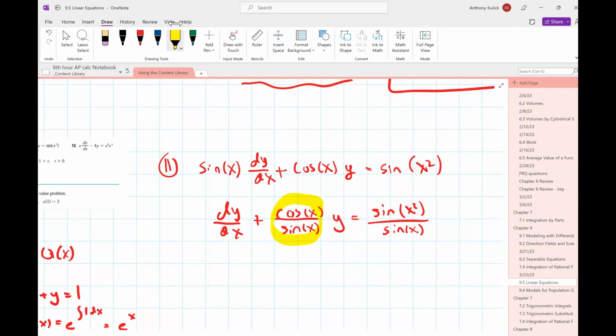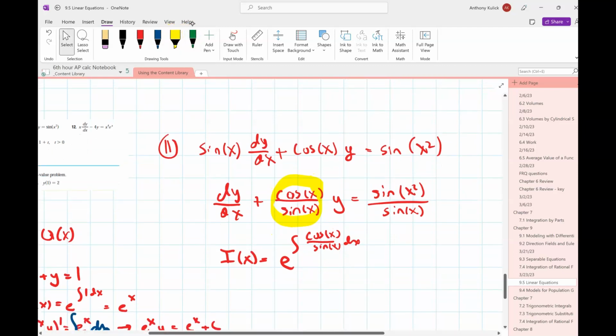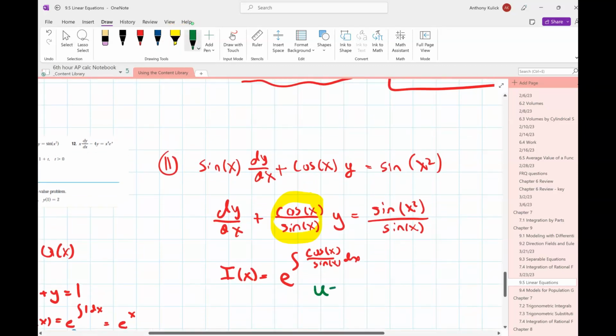So this guy right here is my p of x, right? So that I'm going to do as a u sub, I think. If I pick u to be sine x, du would be cosine x dx.